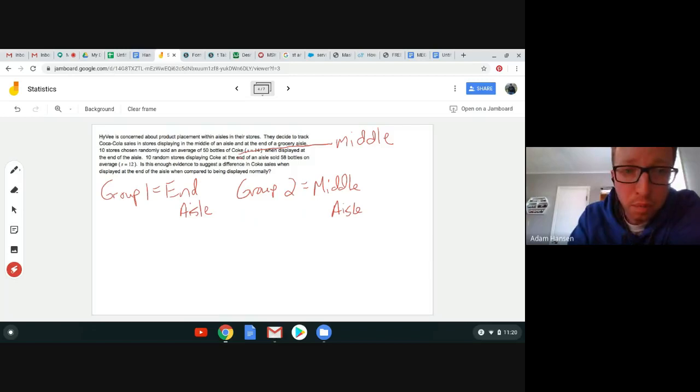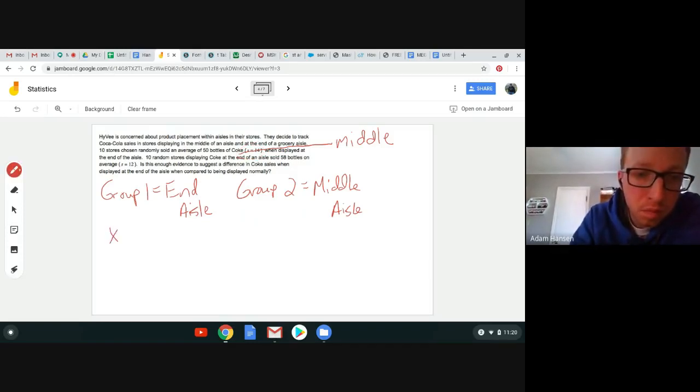So in group 1, we had 10 stores sell 50 bottles on average, standard deviation of 14. For group 2, in the middle of the aisle, they sold 58 bottles with a standard deviation of 12 for the 10 stores.